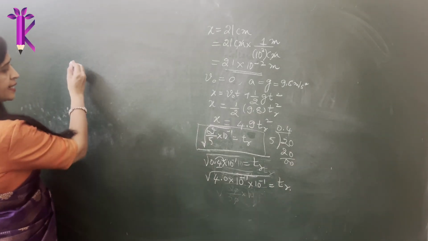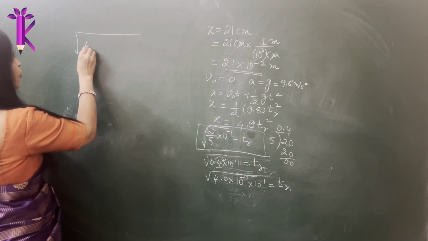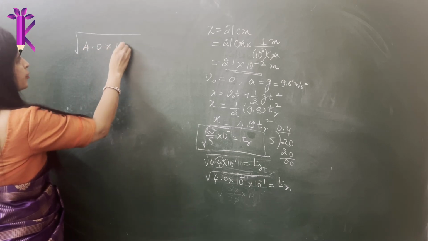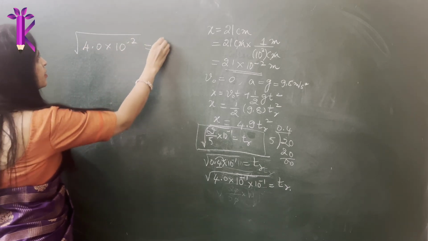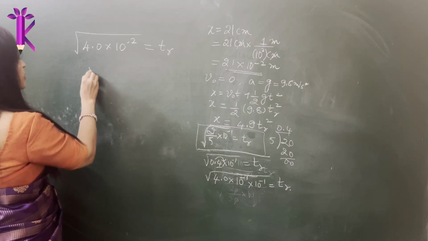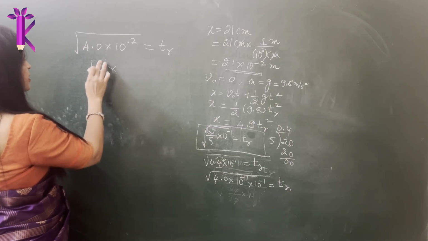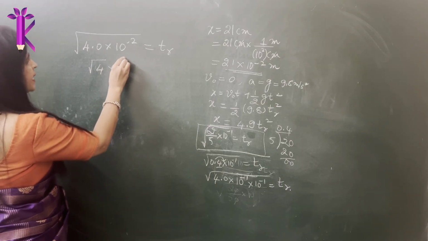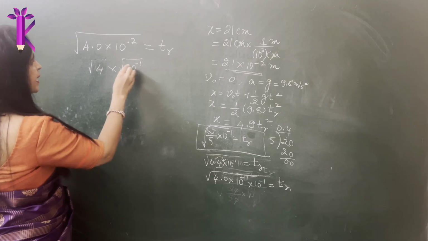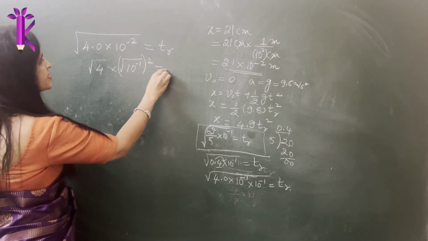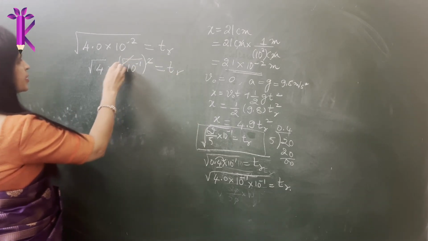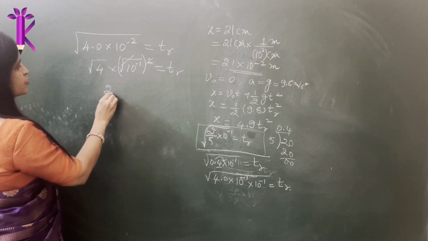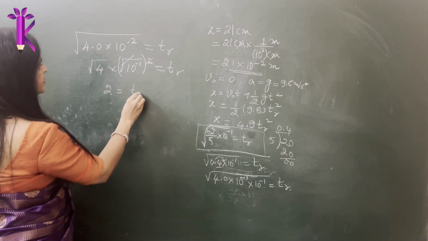So how do you calculate? Now it is 4.0 into 10 to the power of minus 2, the square root of which equals the reaction time. This can be written as 4 into 10 to the power of minus 1, the whole squared, equal to tr squared. Square and root get cancelled. Root 4 is 2 seconds.